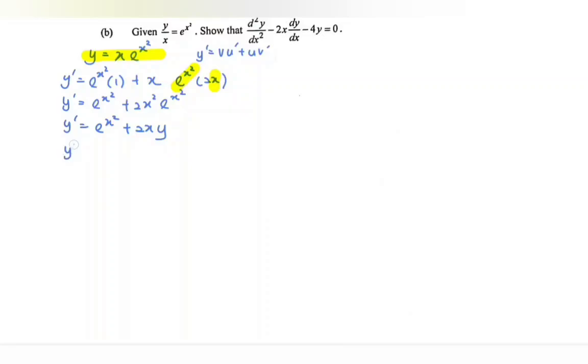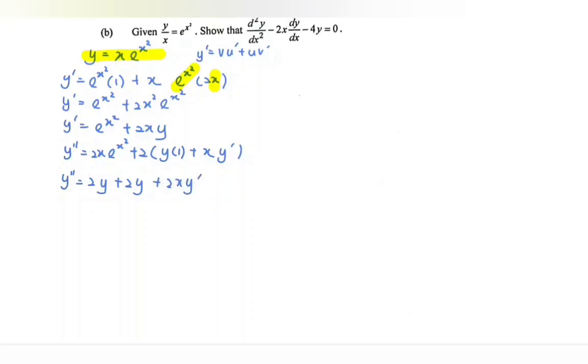Again we have e to the power x squared and then the 2x after we differentiate the power, plus we have the 2, again the product rule: y times 1 plus x times y prime. So y double prime equals 2x e to the power x squared. Notice that x e to the power x squared is y, and then plus 2y plus 2xy prime.